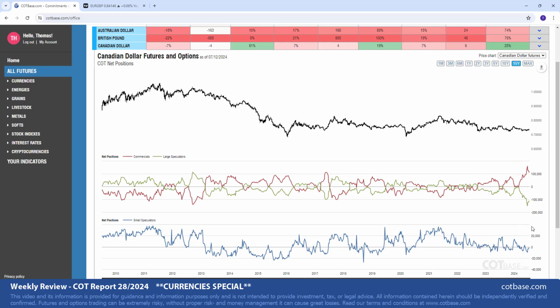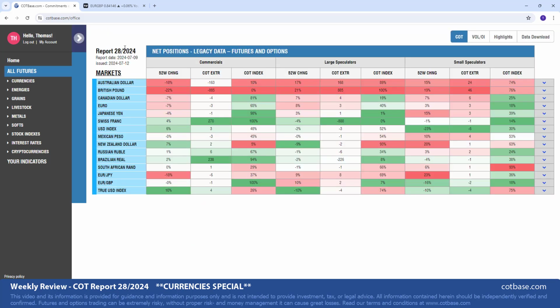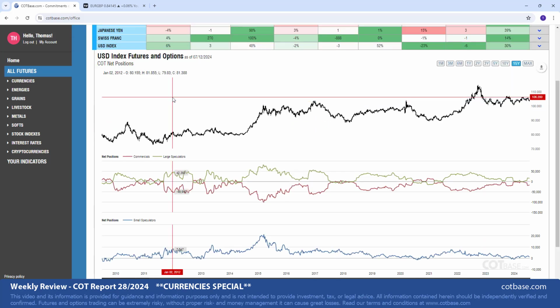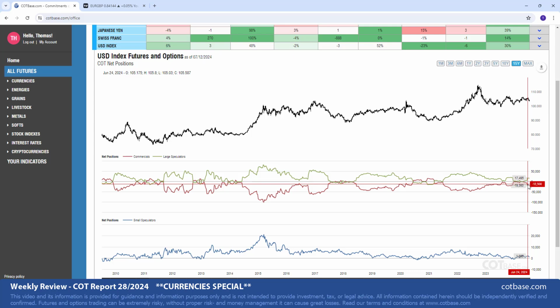Now, what I would do, if this is something that I find useful and interesting, is move over to the US dollar index, measuring, of course, the strength of the US dollar against a basket of currencies, the euro being the largest component, but the Canadian dollar is in there, and try to understand the stress level in the US dollar.